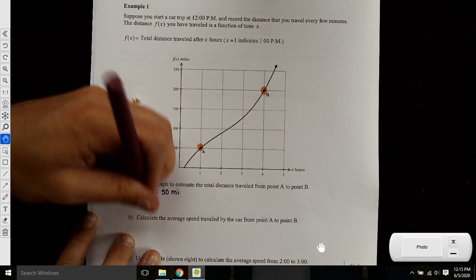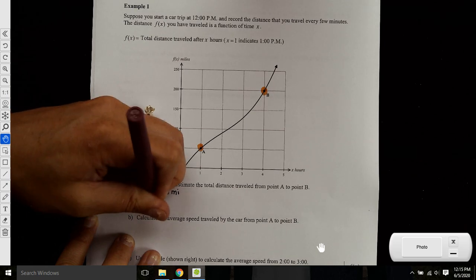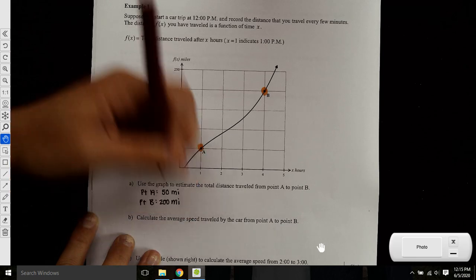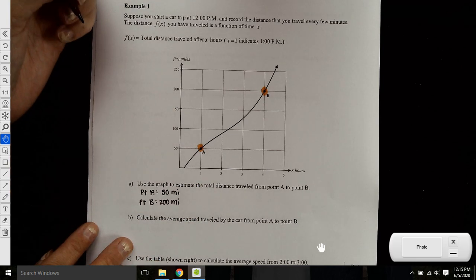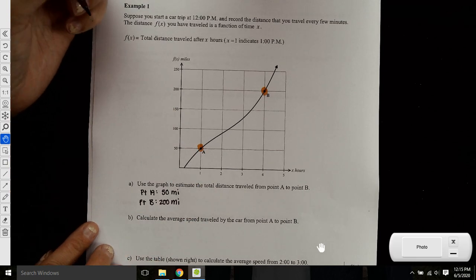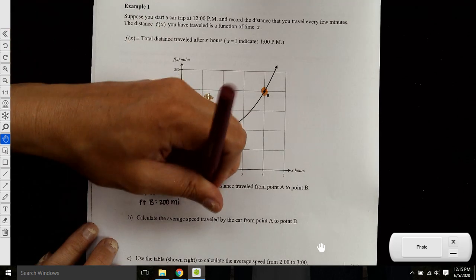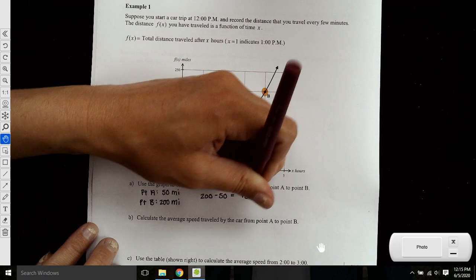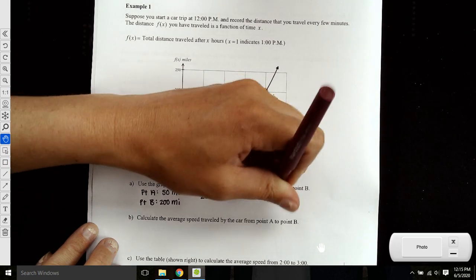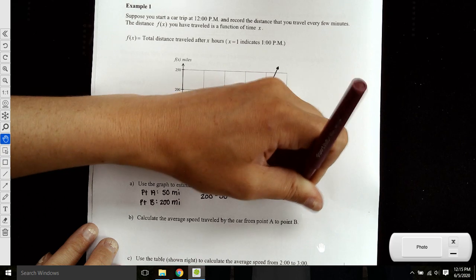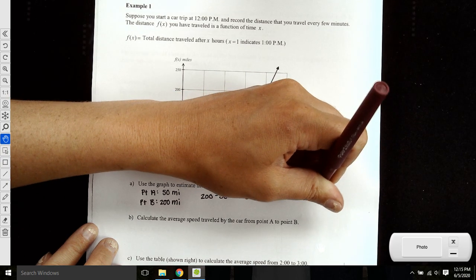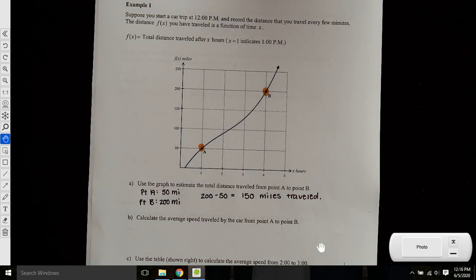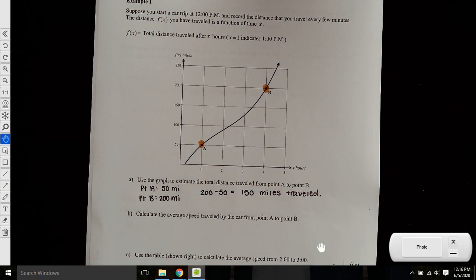Point B is at 200 miles. So the difference between those would tell us the total distance traveled between those 2 points. So I would do 200 minus 50, and I'd get 150 miles traveled. So from point A to point B, 150 miles traveled.